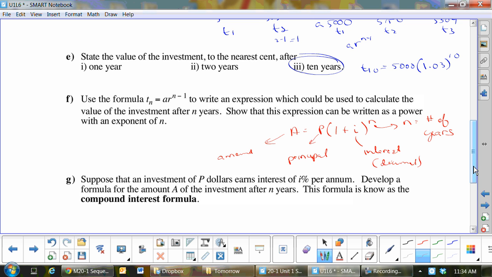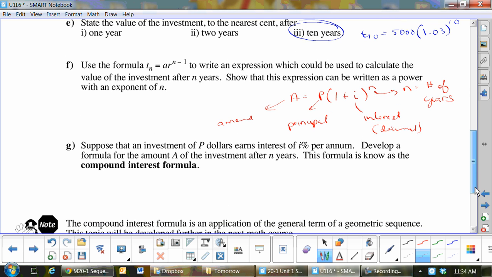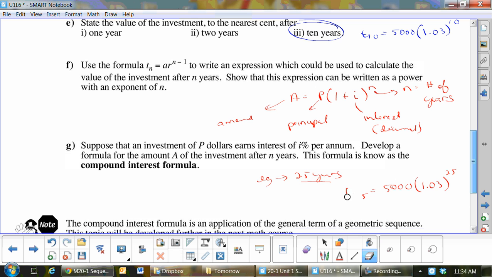So let's just, as an example, do 25 years for the above question. I would go T25 equals 5,000 times 1.03 to the 25. Remember, actually, no, let's just go A equals, because it actually is the 26th term.